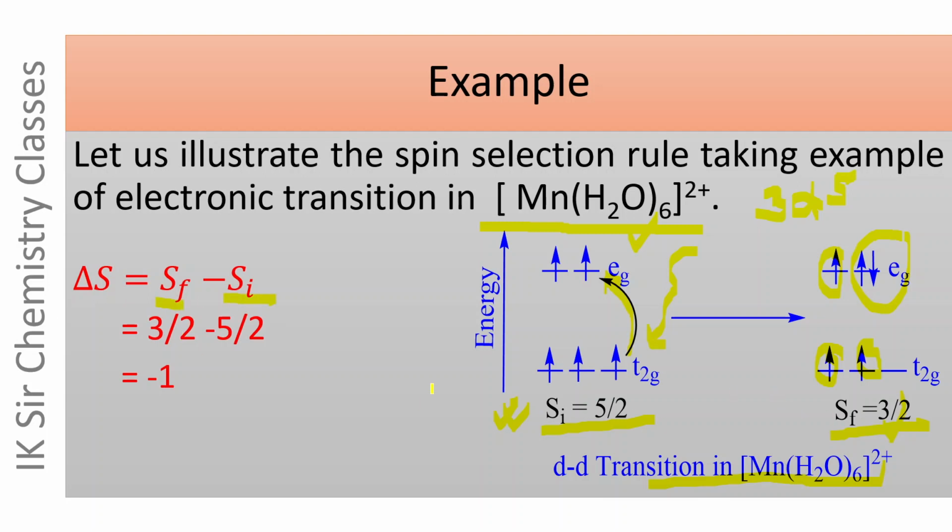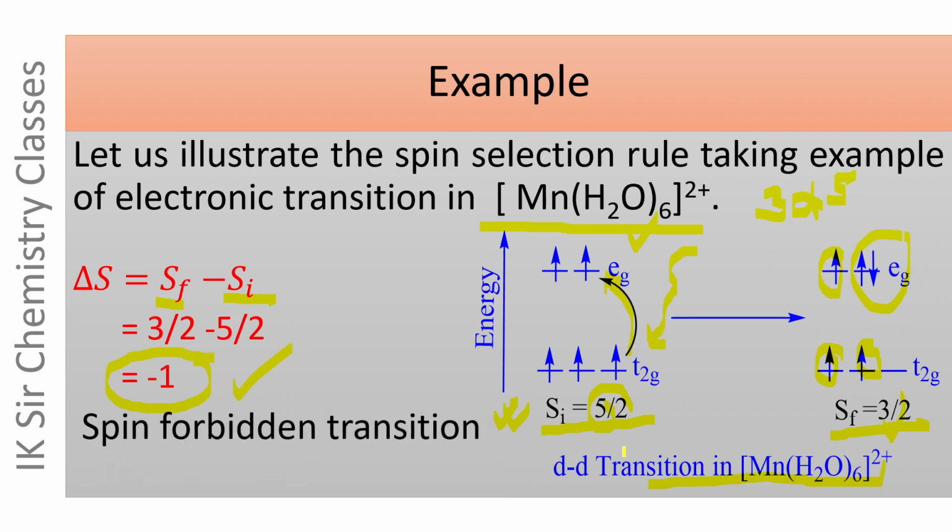Final S is 3 by 2 and initial S is 5 by 2. The value of delta S is -1. Any electronic transition will be spin allowed only when delta S equals 0, but here delta S equals -1, and therefore the electronic transition in [Mn(H2O)6]2+ is spin forbidden.